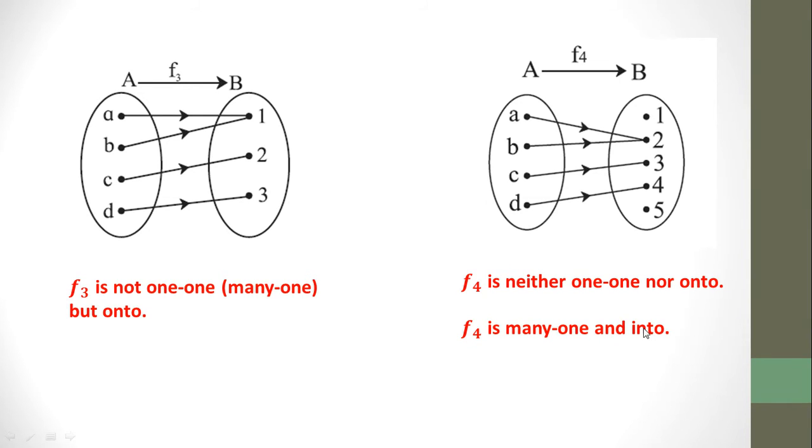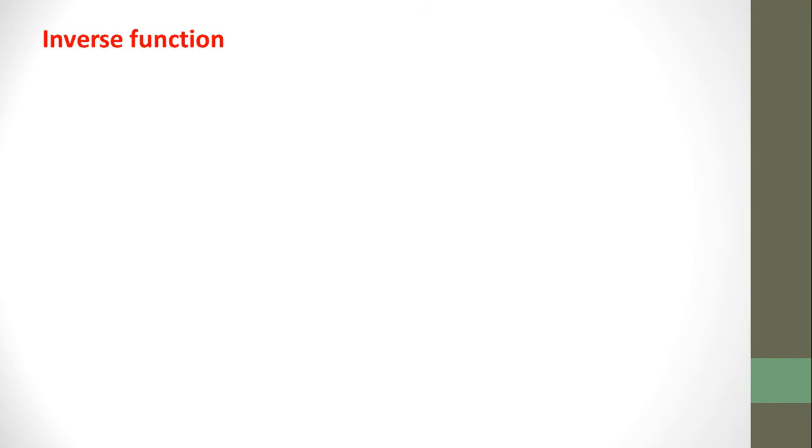And not onto means into. Not onto is called an into function. So neither one-one nor onto means many-one and into function. Now if any function is one-one as well as onto, if it satisfies both conditions, then the inverse function exists.